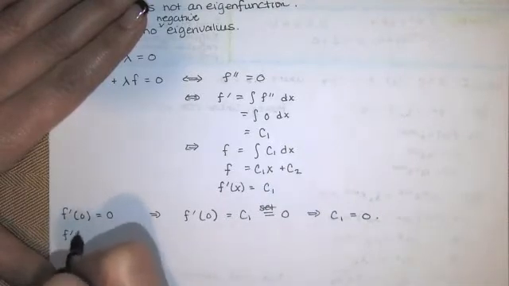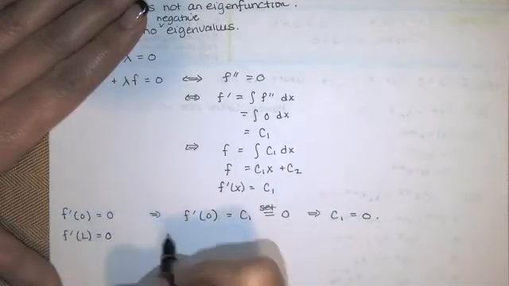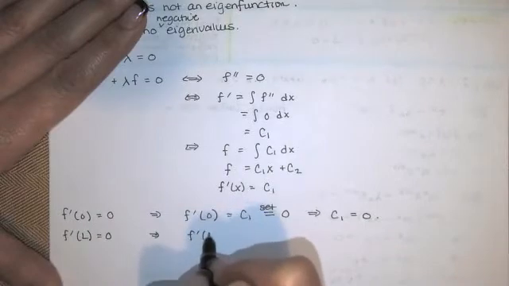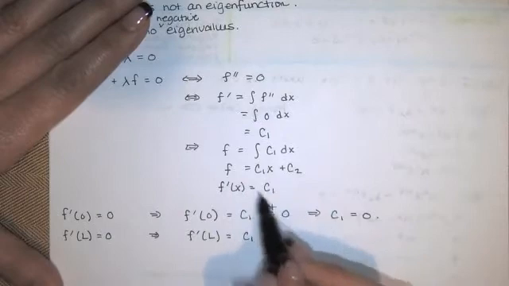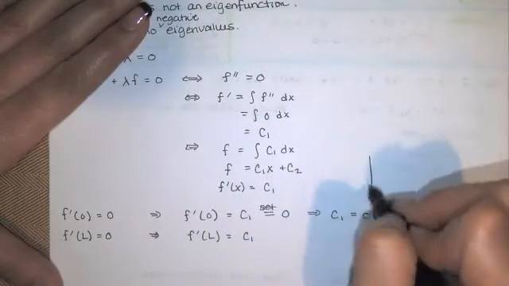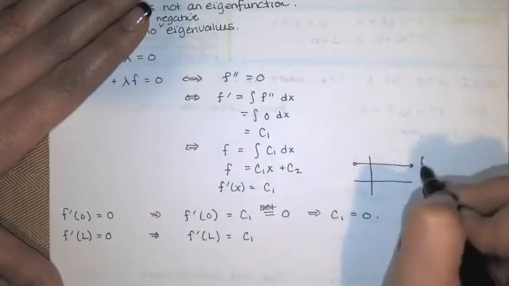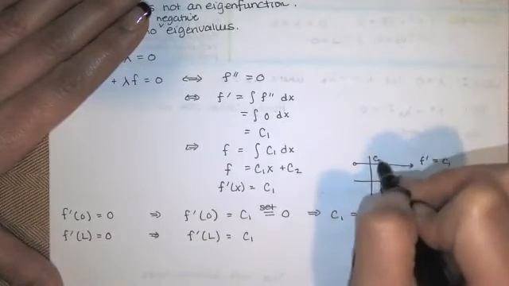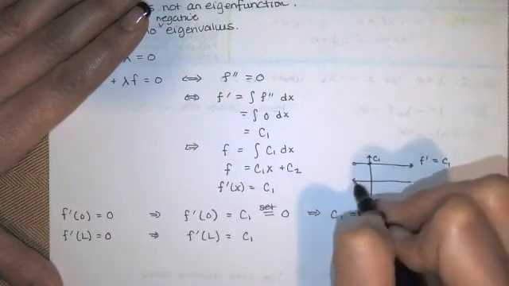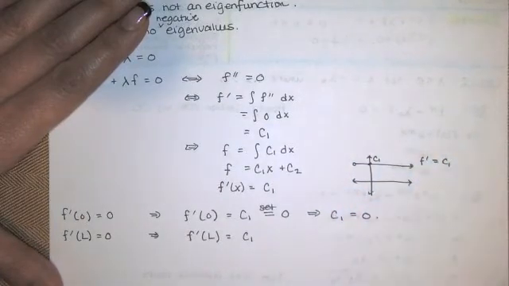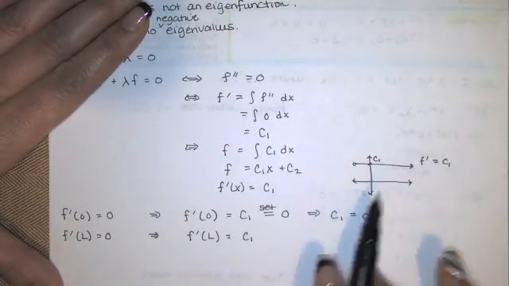Okay, and f prime of L equals 0 implies that f prime of L, which is just c1, because there is no x over here. This is just the function f prime equals c1. It's just a function that crosses the y-axis at y equals c1.